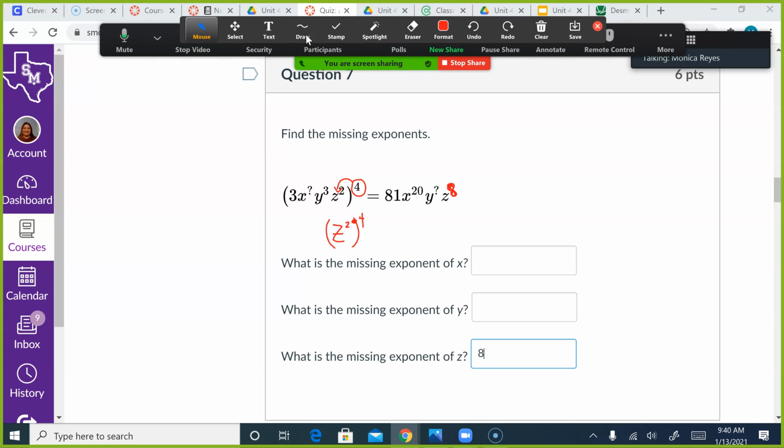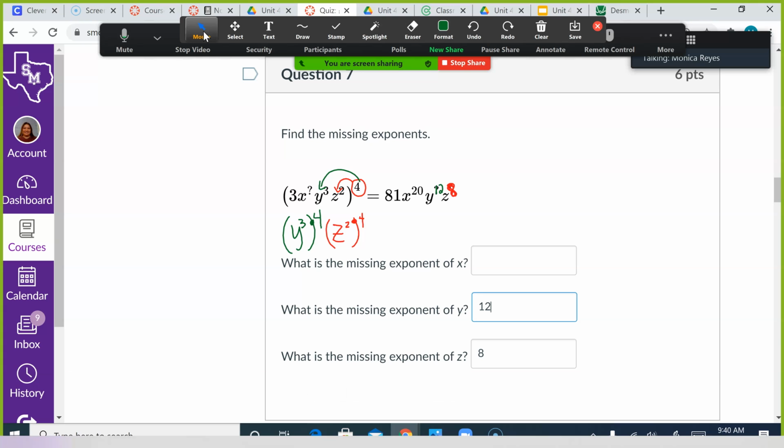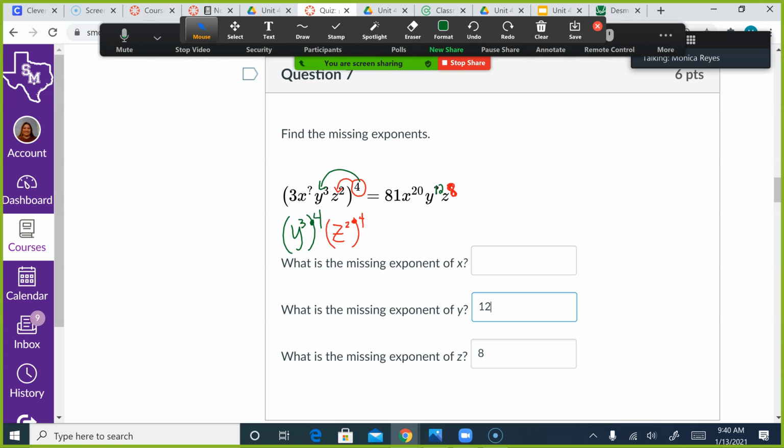And then I apply it to the y. So y cubed to the 4th, I multiply those two together and get 12. So the exponent on the y is 12. Now here for the x, when we apply it, I already know what the answer is.